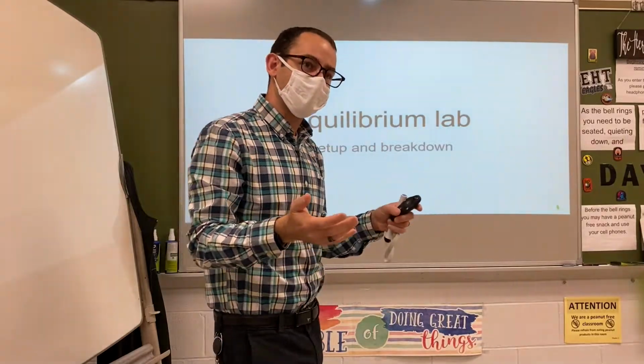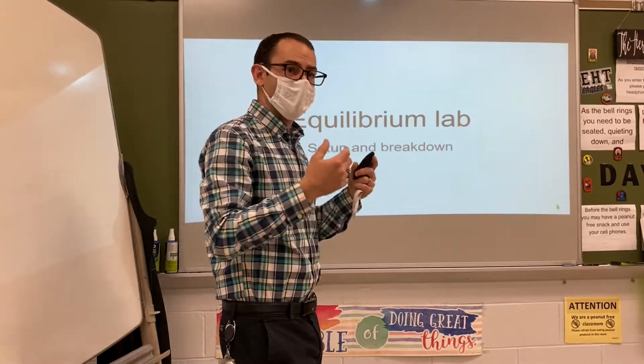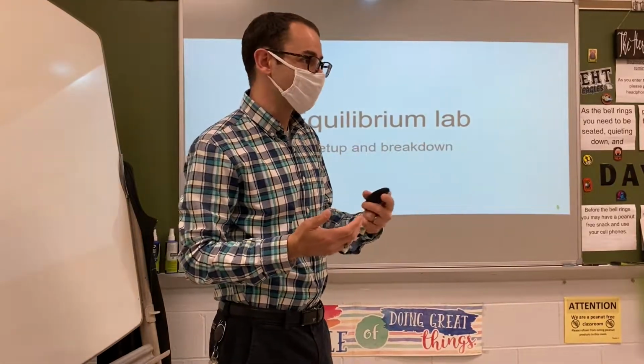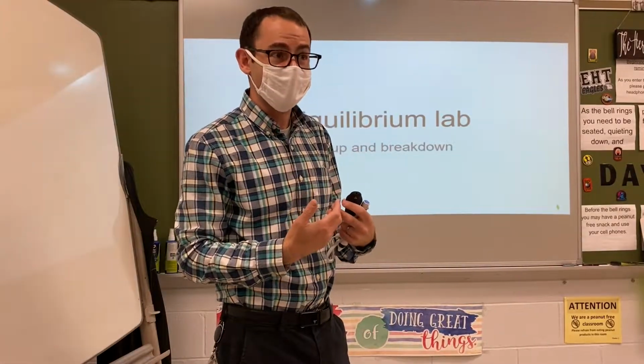We would normally think of it as just being 50%, right? Maybe half of it breaks down. But there are actual equations we'll figure out where in some reactions, most of it doesn't break down. Most of it stays together, all right?